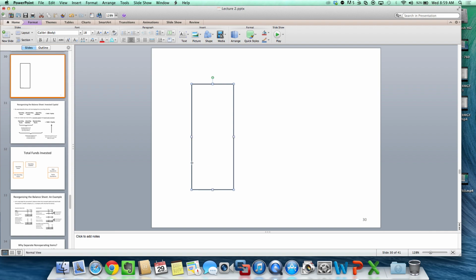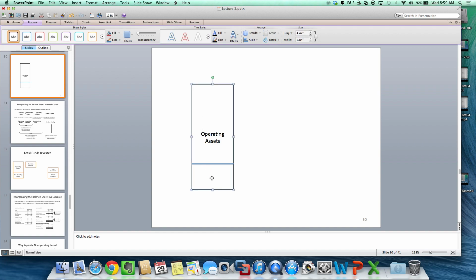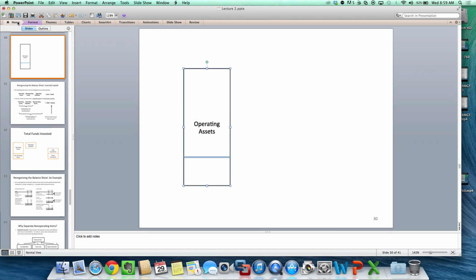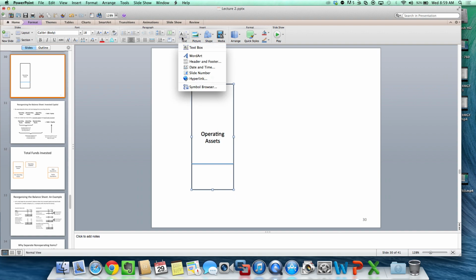However, what we are going to do is break our assets into what we're going to call operating assets and non-operating assets.